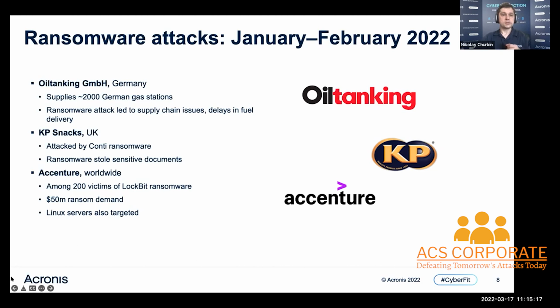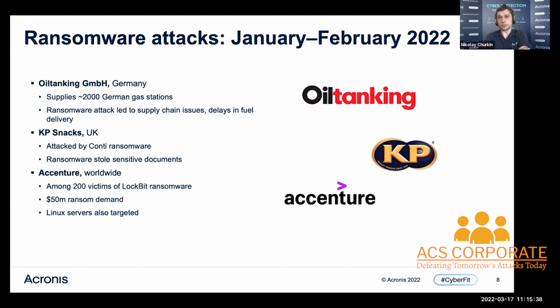Okay, and also another example, Accenture. It's essentially a worldwide company. It fell victim to another piece of ransomware called Lockbit. Actually, that ransomware affected lots of different companies of different sizes, including Accenture.